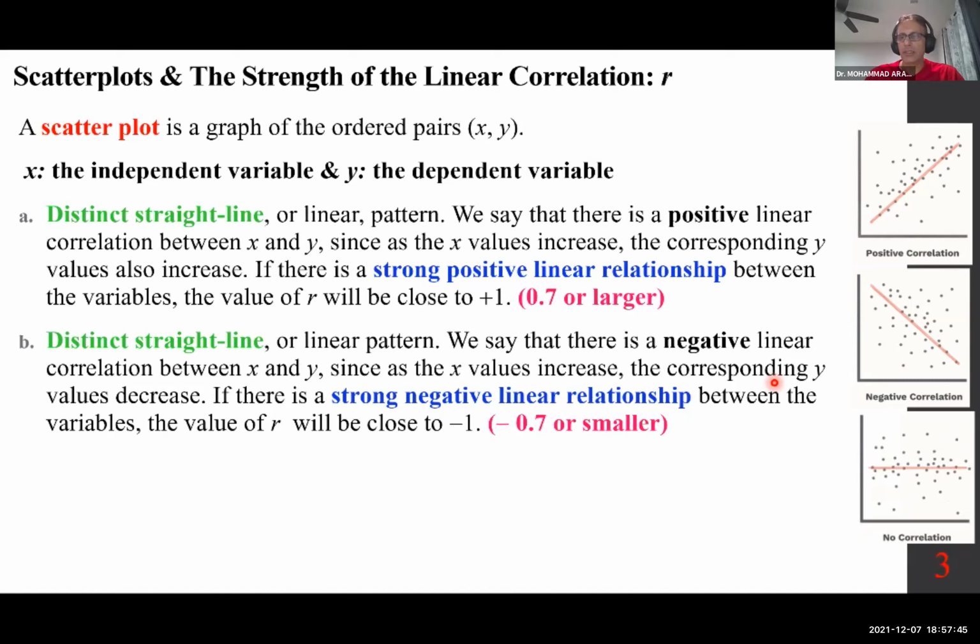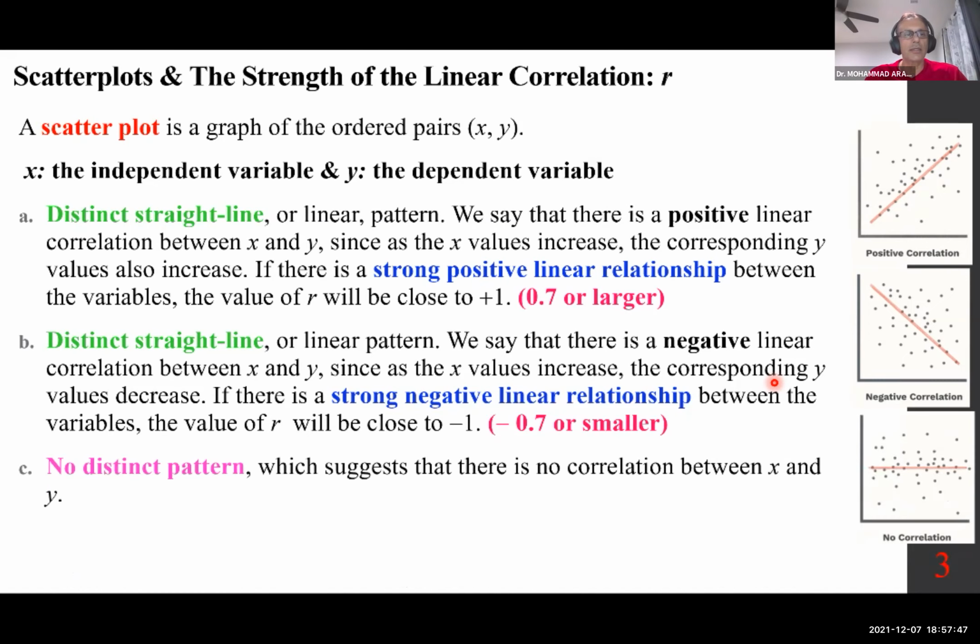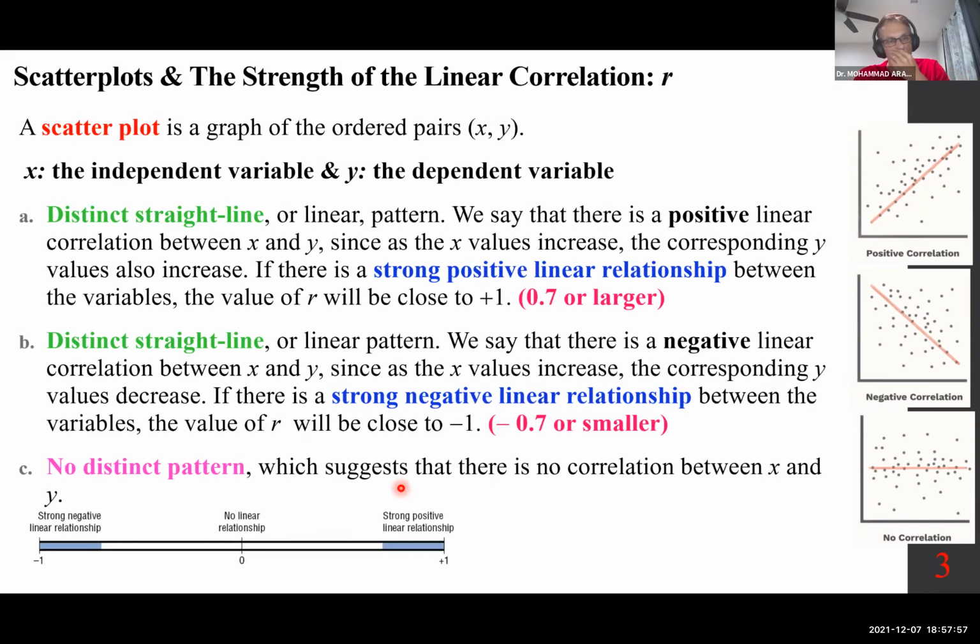And as you can see, there is no correlation and there is no distinct pattern, which suggests that there is no correlation between the two variables x and y. Generally speaking, when we are close to 0, it's considered to be no linear correlation. When we are away from 0, either close to positive 1 or close to negative 1.